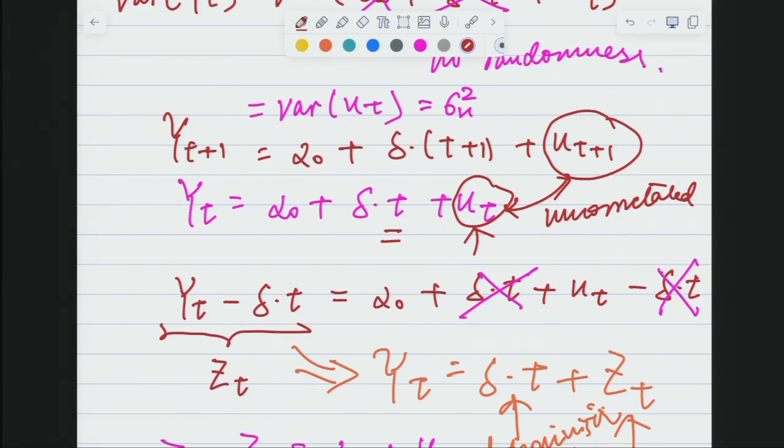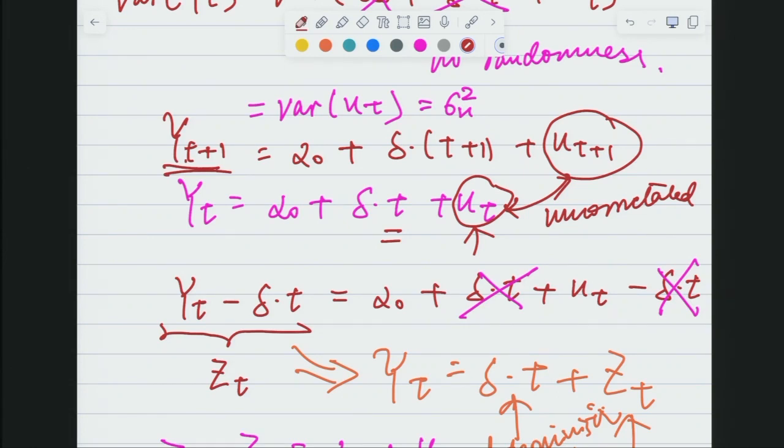Okay? Past shock will not influence the future y. Okay? But of course, in a trend stationary AR(1), the past shock can affect the future of y, but it will do so at a diminishing rate. The effect is temporary. It will die out eventually.